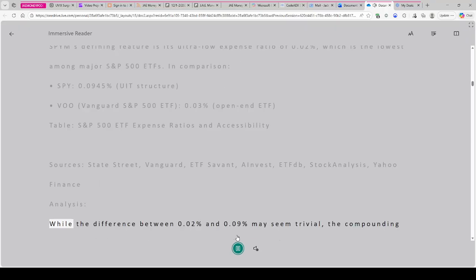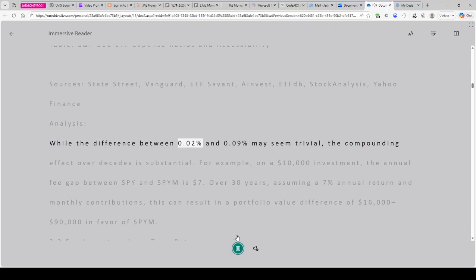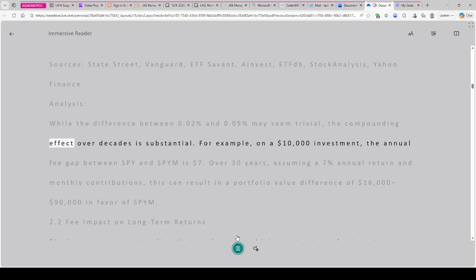Analysis. While the difference between 0.02% and 0.09% may seem trivial, the compounding effect over decades is substantial. For example, on a $10,000 investment, the annual fee gap between SPY and SPYM is $7.